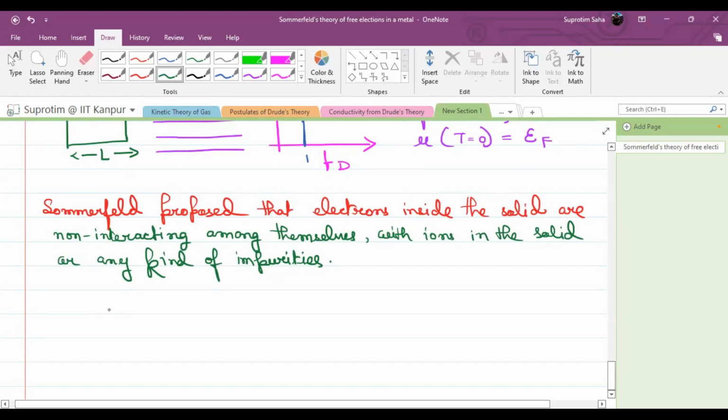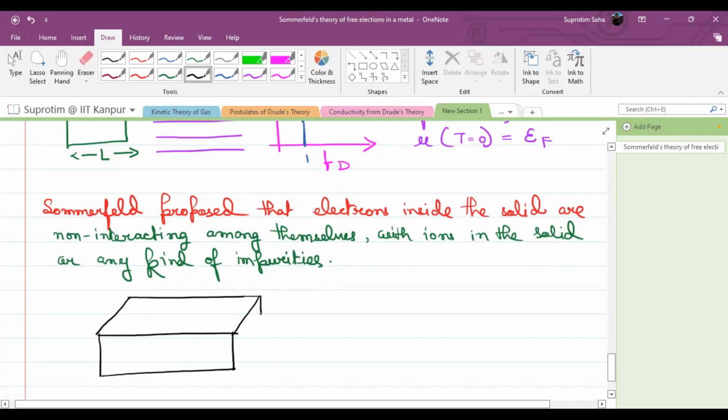So let us assume a cube of side L. This is your L, this also is your L, and this is also your L. So you have to employ the Schrödinger equation in this case also.